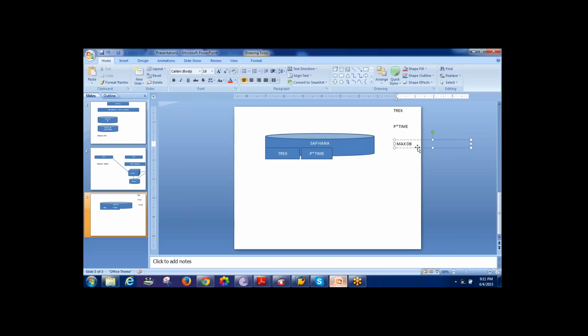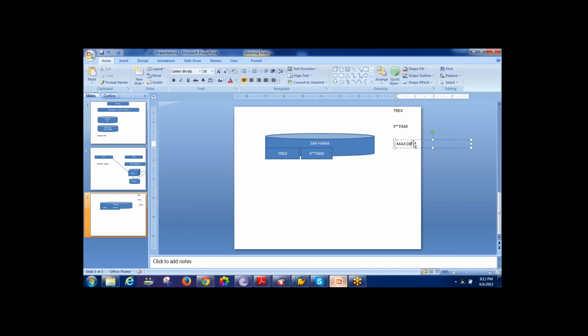Understood? So this MaxDB, what is this MaxDB? Why is it required? Already we have Trex, which will provide you in-memory computing functionality, and P star time is a technology which provides you the write functionality of a traditional database.